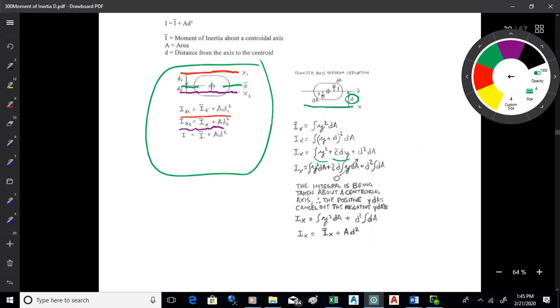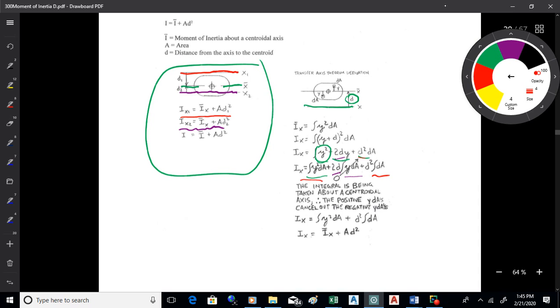Now that's not a calculus dy, that's a d times y. And then plus d squared dA, okay? The dA distributes between all three terms. So I've got the integral of y squared dA for this term. Then I've got the integral of 2 times d, which is a constant, times the integral of y dA for the middle term. And then the last term, I've got d squared dA. The d squared's a constant, so it can come outside of the integral sign. So I get those three terms.